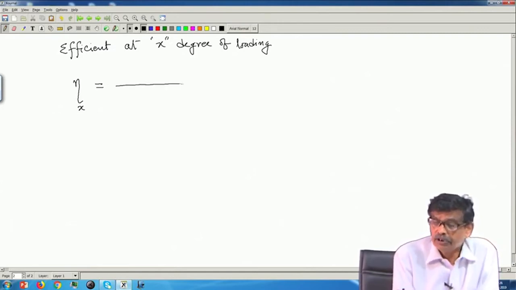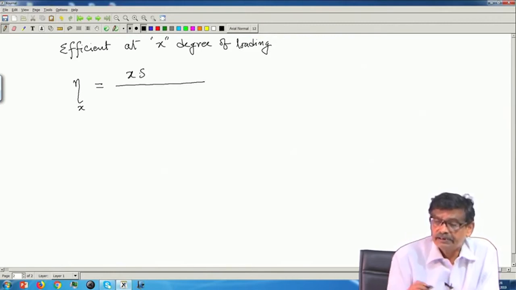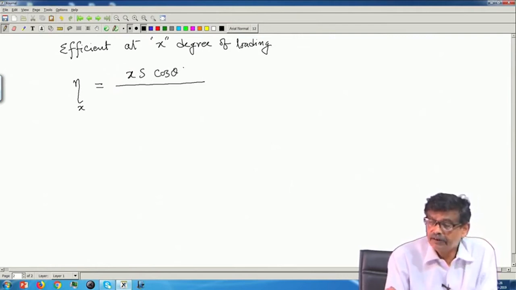What is the output kilowatt? At x degree of loading, the output is x S cos theta, where cos theta is the power factor of the load.